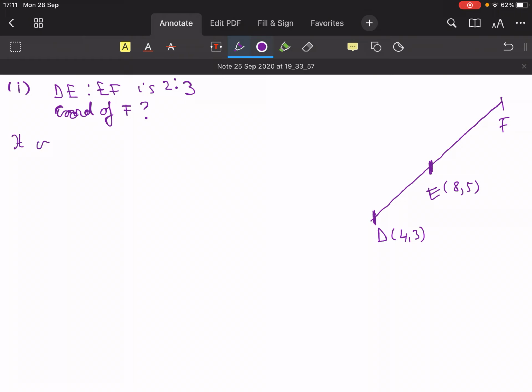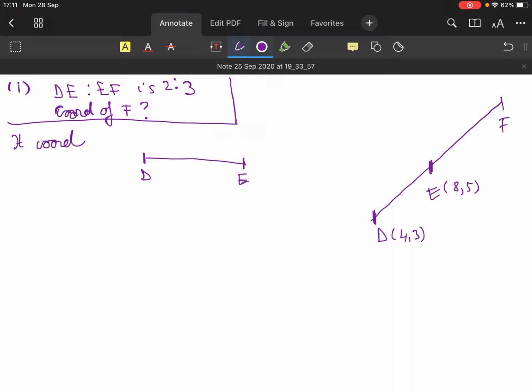So I'm working on the x coordinate first, and I'm just going to look at DE, but I'm just going to look at the x coordinates of DE because that's what I'm working on at the moment. I don't really care about anything else right now.